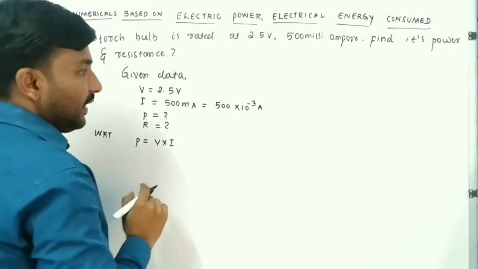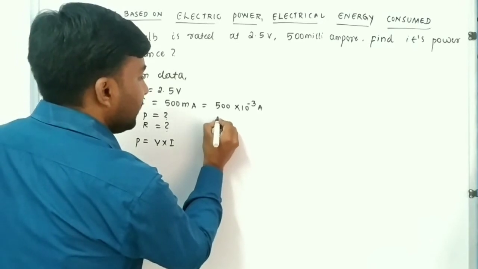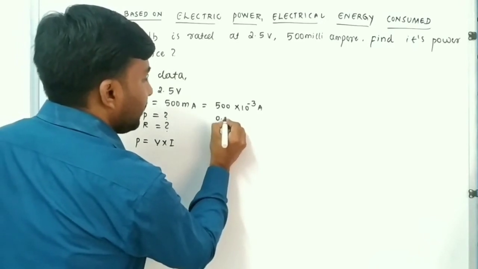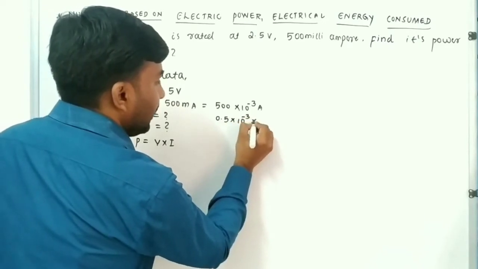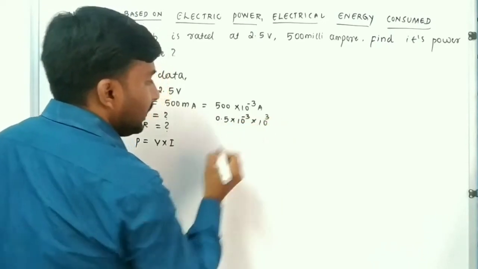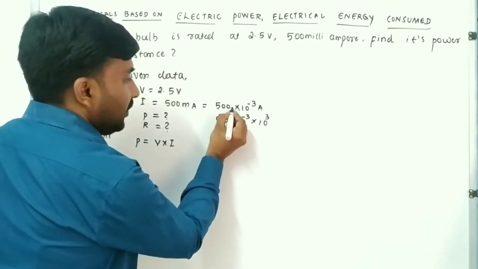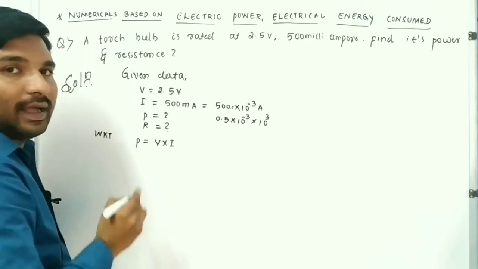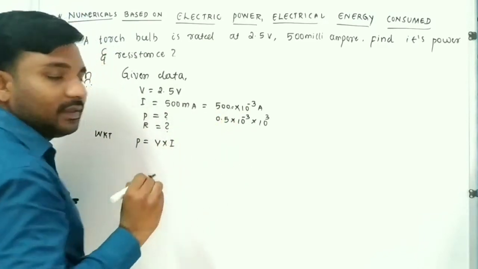Now this can be written as 0.5 into 10 raised to minus 3 into 10 raised to 3. What I have done? I have shifted the point after 3 digits.